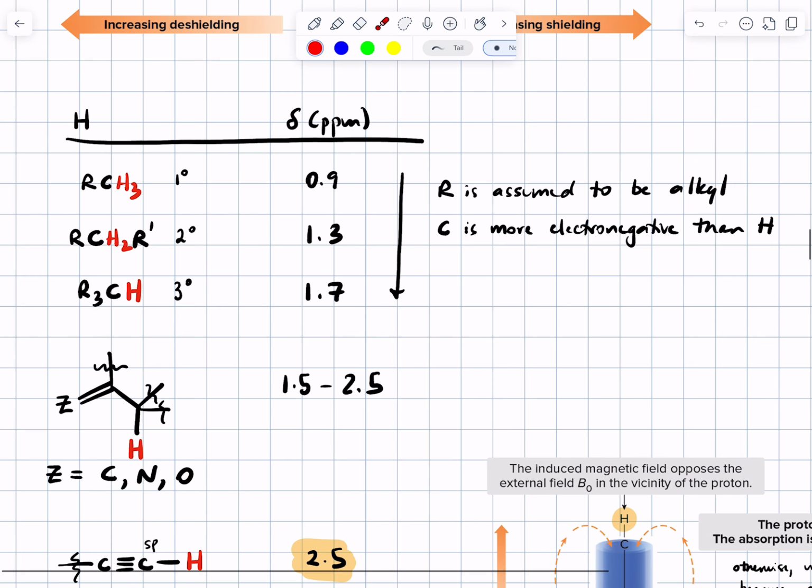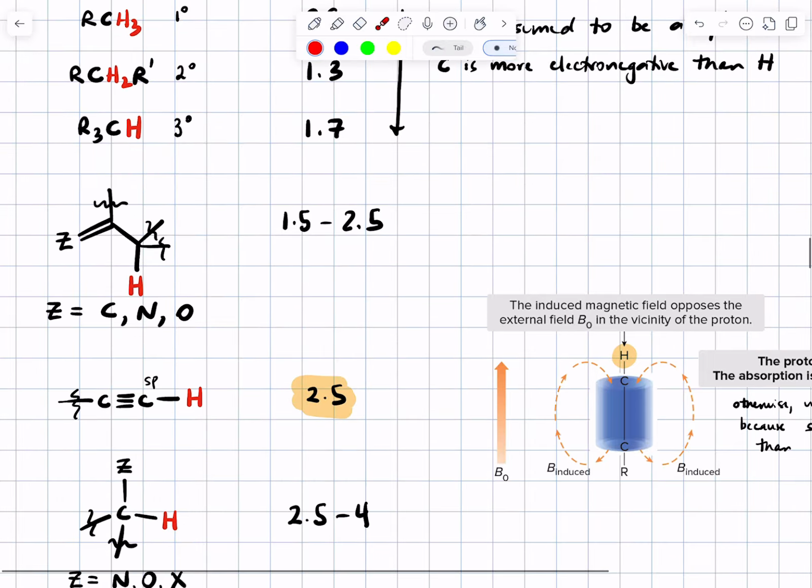Now, if you replace one of those alkyl groups with an sp2 carbon, whether that's an allylic hydrogen because you're adjacent to a carbon-carbon double bond, or a carbonyl group where Z is an oxygen, or even a weird functional group that you haven't encountered yet where Z is a nitrogen, the proton that's adjacent to a pi bond will show up around 2 ppm chemical shift.